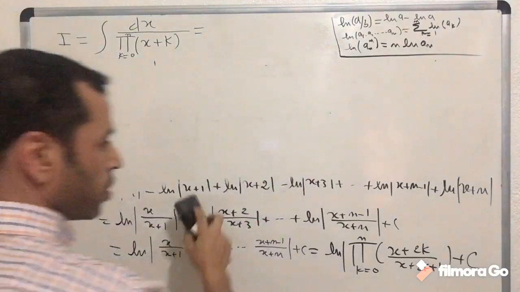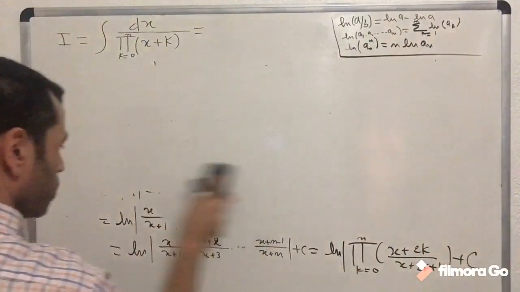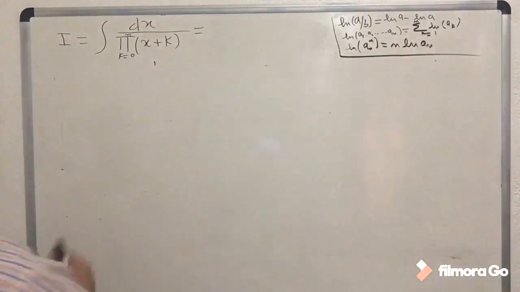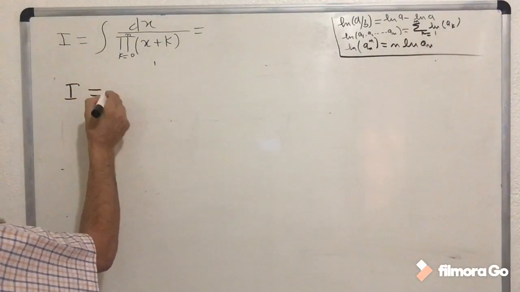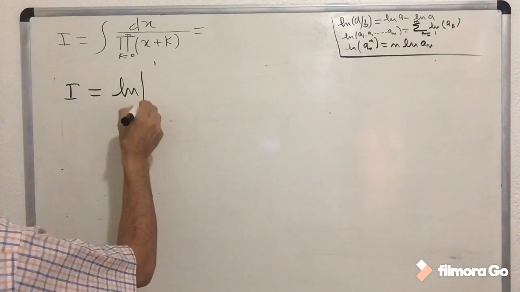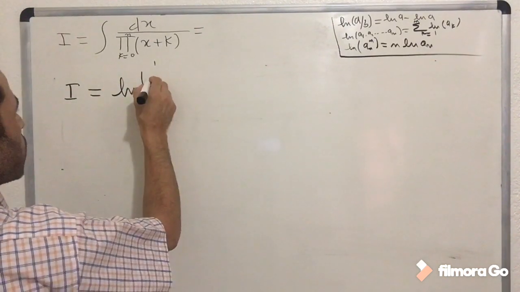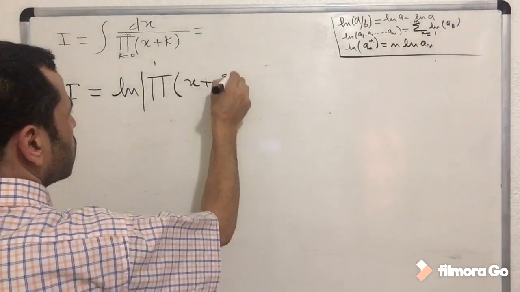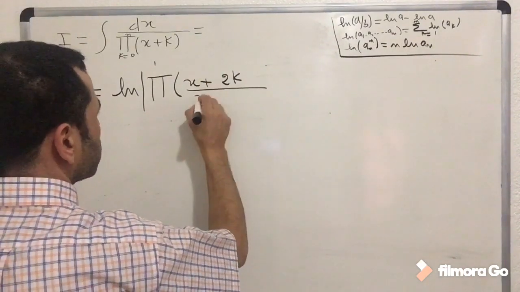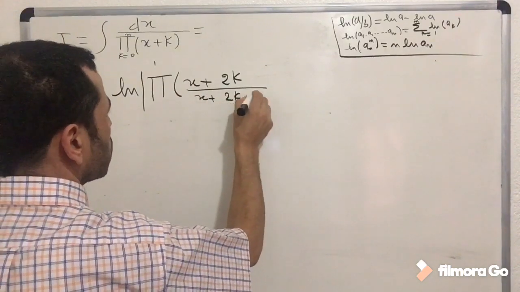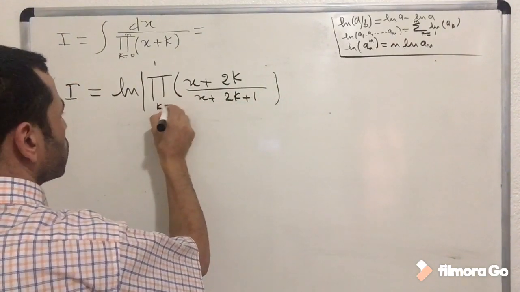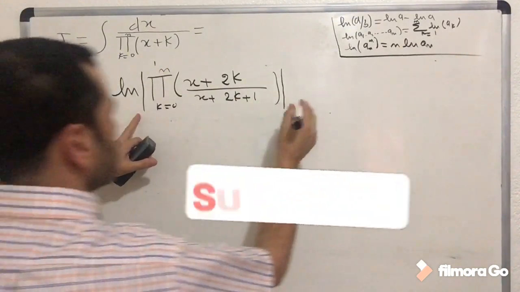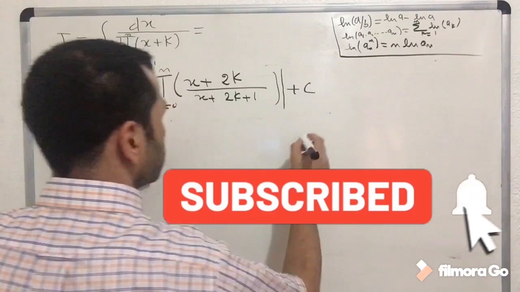The constant here. So our integral will become natural log of the product of x plus 2k over x plus 2k plus 1, k from 0 to n, with absolute value, plus constant c.